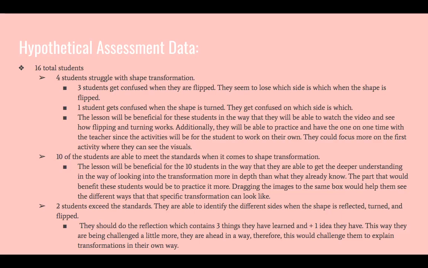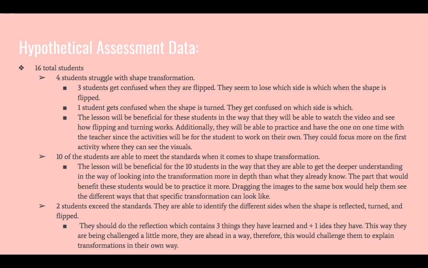Additionally, they will be able to practice and have one-on-one time with the teacher, since they have the activity for the students to work on their own. They could focus more on this first activity where they can see the visuals as well, and it will help them.